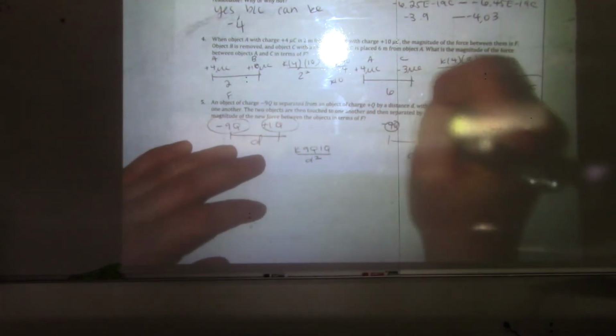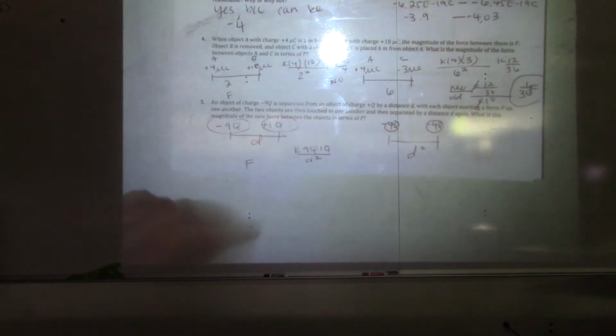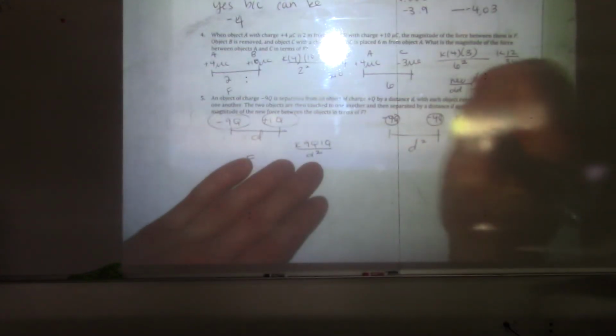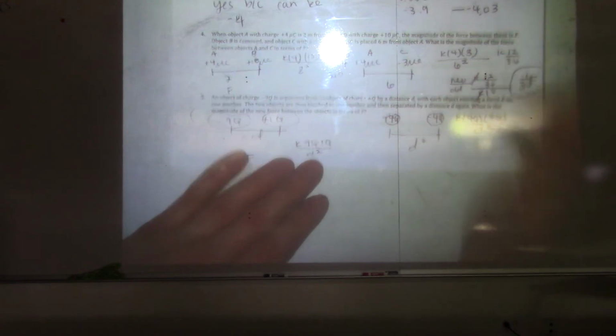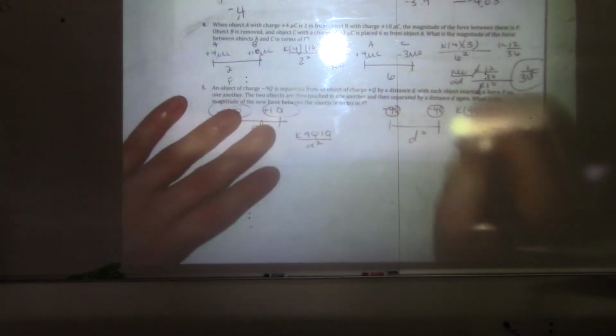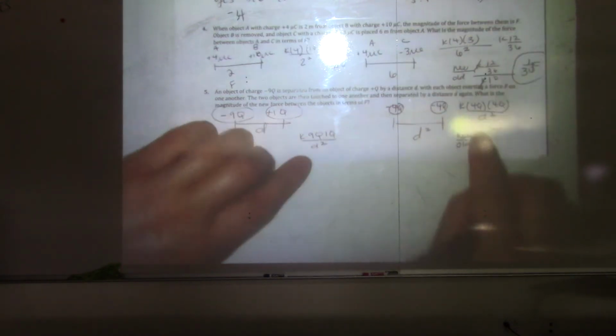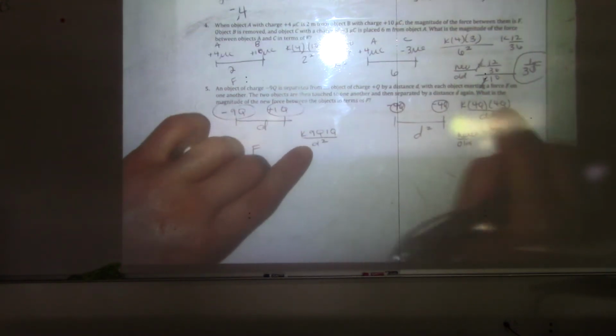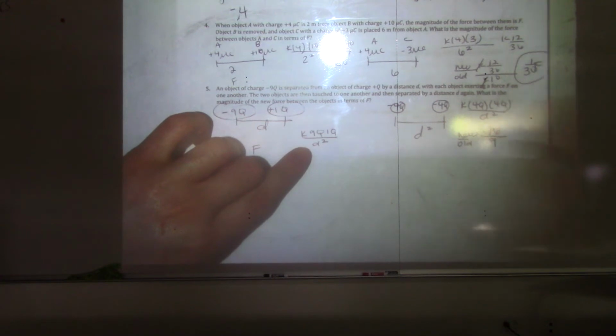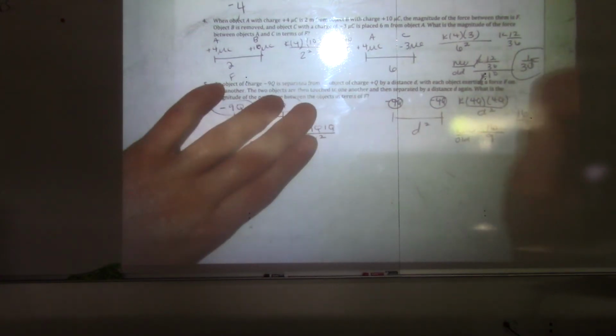So if it splits evenly, negative 4q, negative 4q. Now I find this force, k times 4q times 4q over d squared. You hopefully by now can see when you do new over old, the k's and the q's and the d squareds will go away. So you will just have 16 over 9. So then 16/9 the old force.